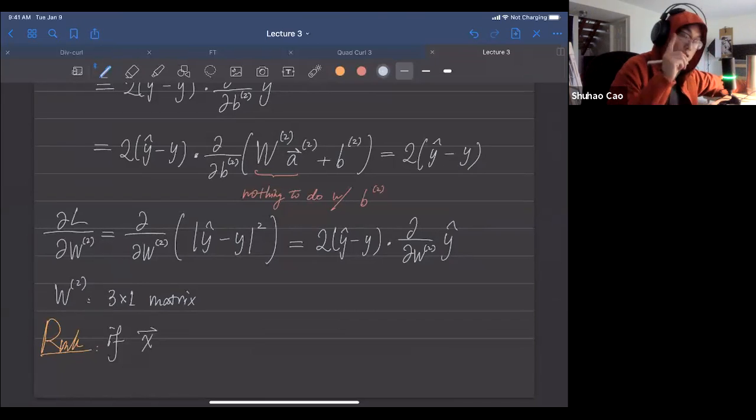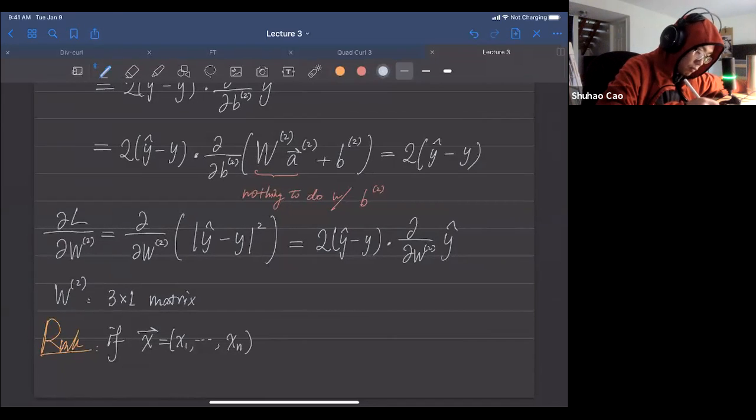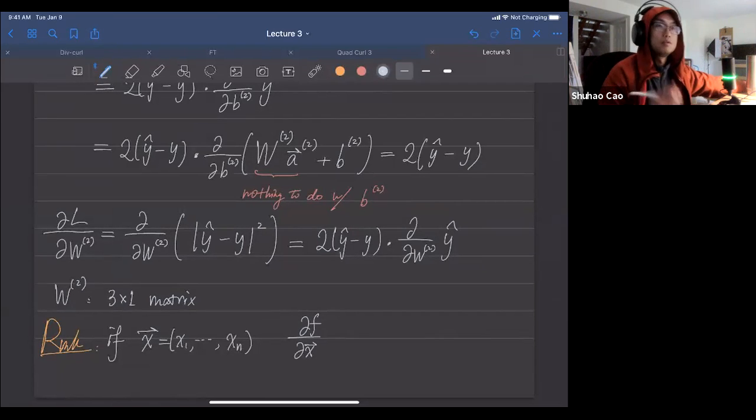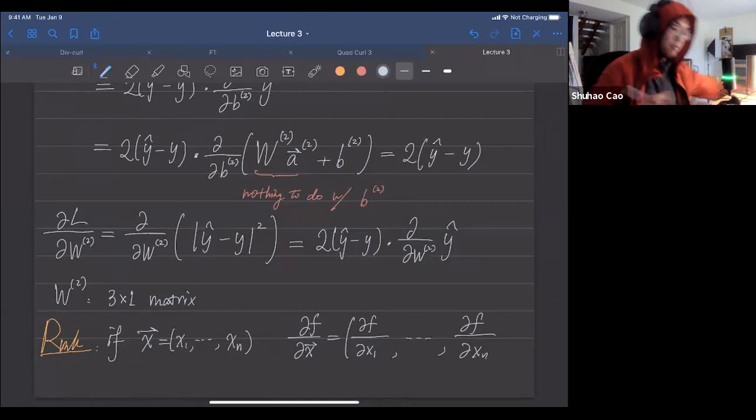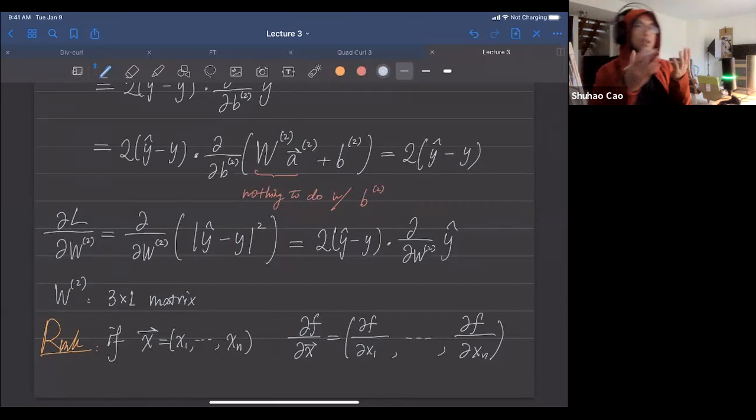If x is a vector, then this notation simply means partial f partial x1 up to partial f partial xn. It's notation; this is our gradient.